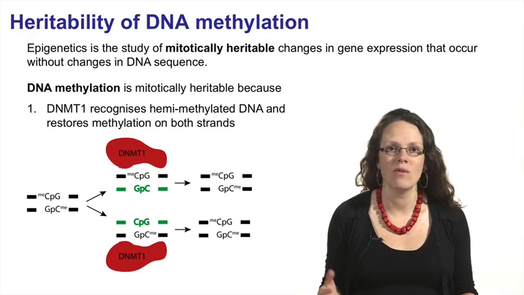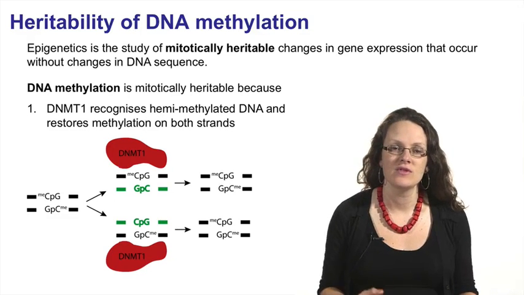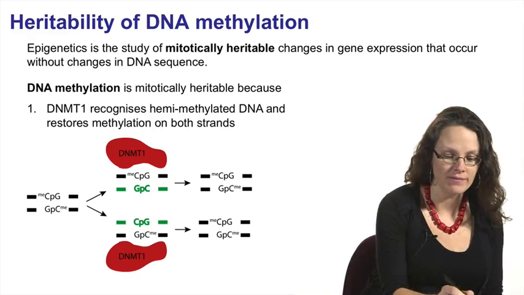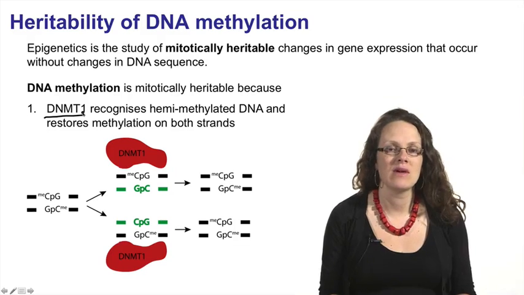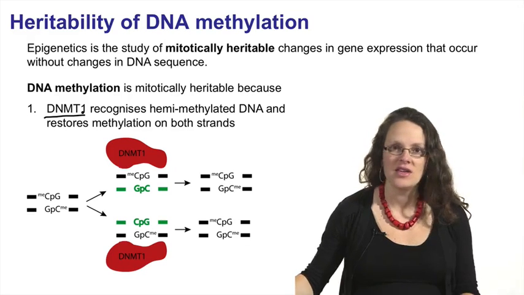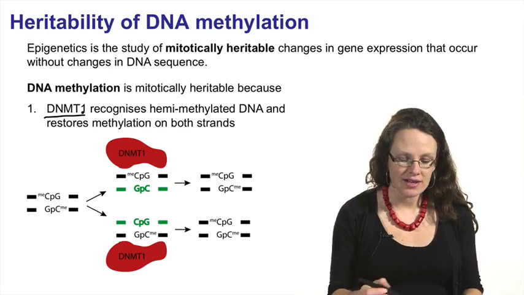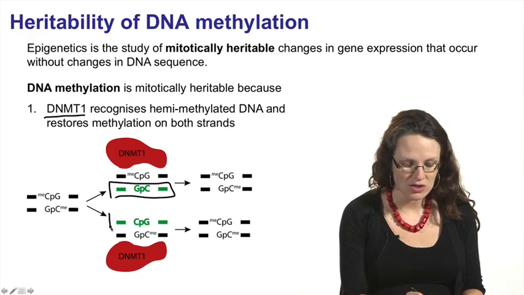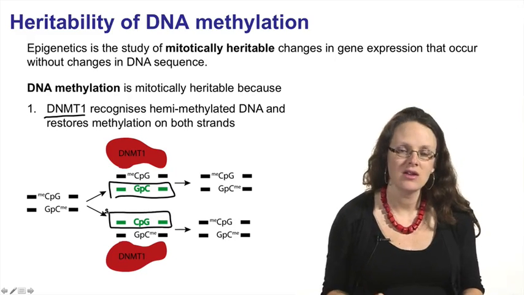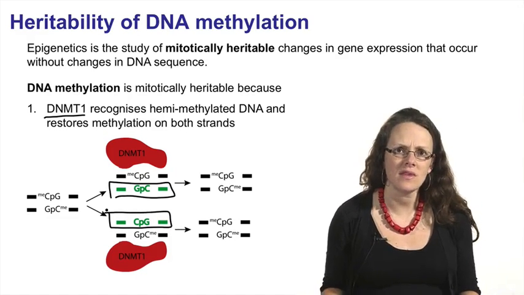Let's just remember what we've learnt over the course of this week. This is brought about because of two reasons. The first is that we have DNMT1, the enzyme DNA methyltransferase 1, which recognises hemimethylated DNA. So here in the picture, what I'm showing you is that you have your normal DNA being replicated, and then when it's replicated, you have these two daughter strands, these new strands of DNA that are shown in green, and they're pairing with each parental strand.